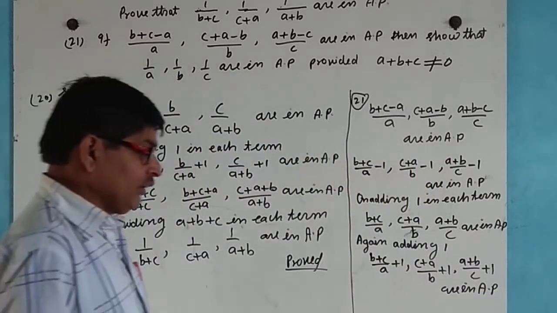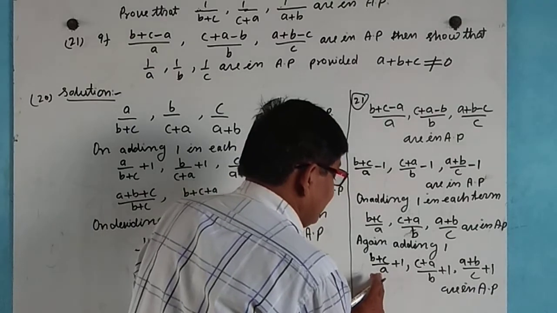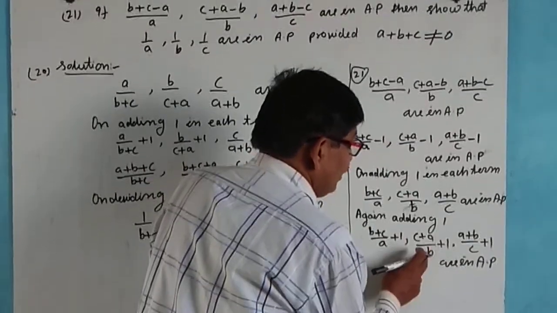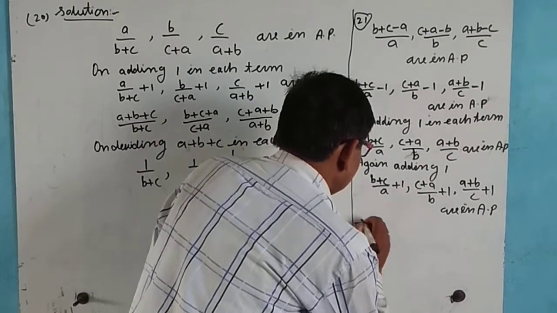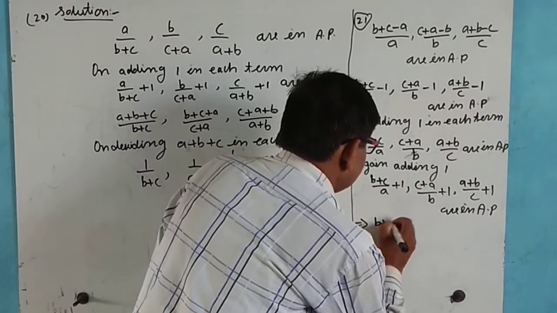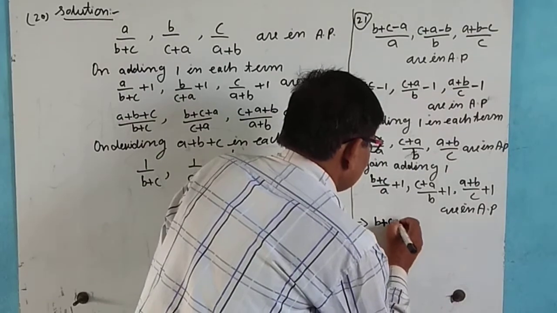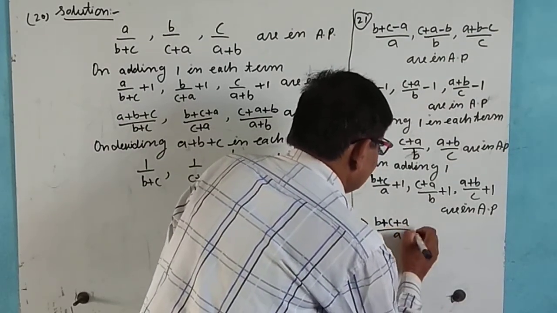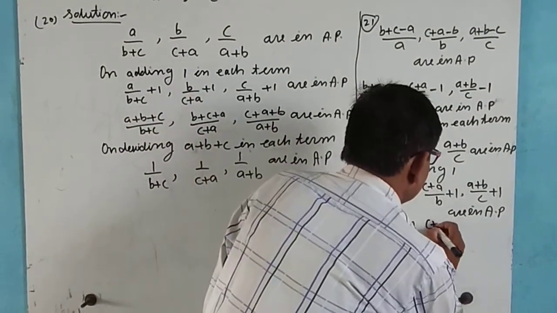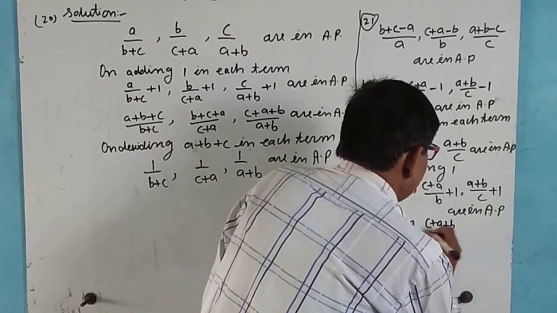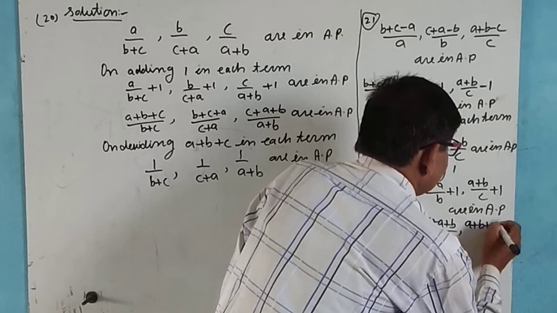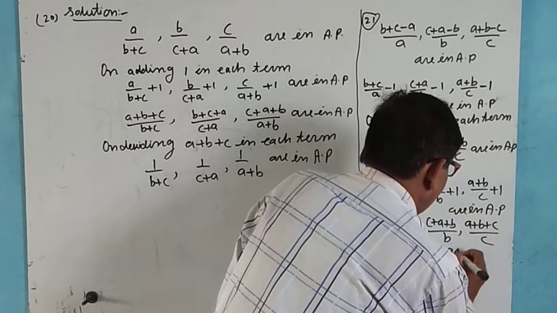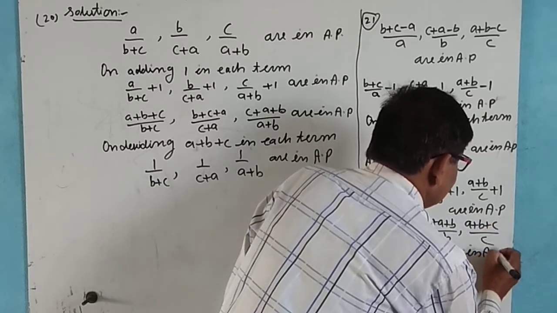Now this can be written, we take the LCM: b plus c plus a by a, c plus a plus b by b, a plus b plus c by c are in AP.